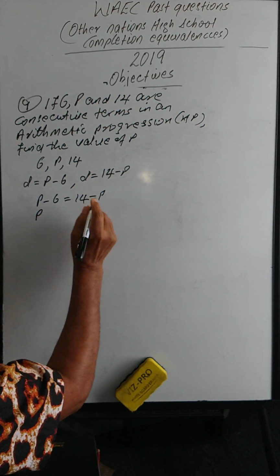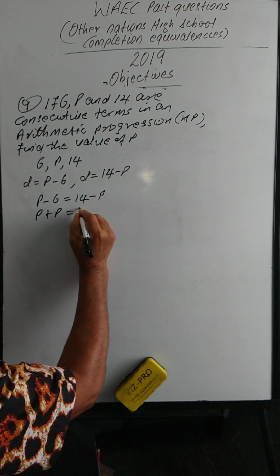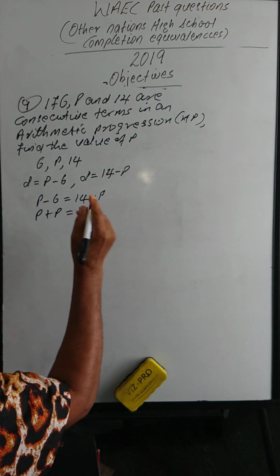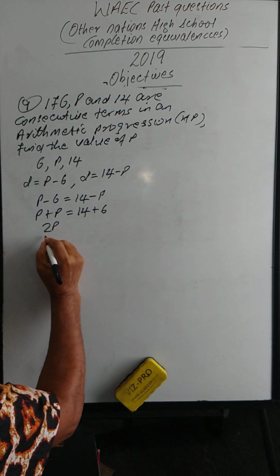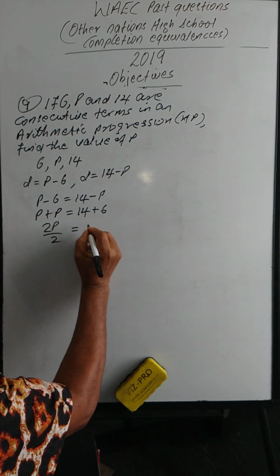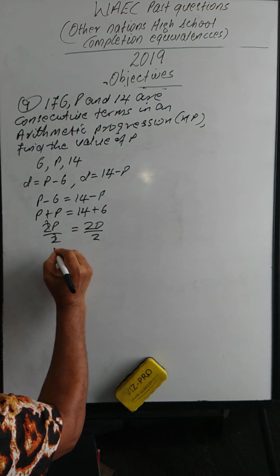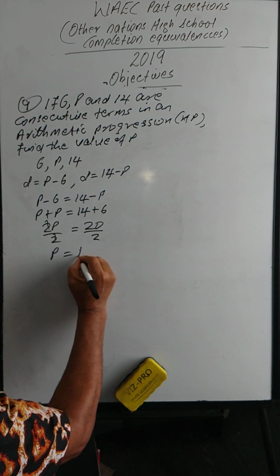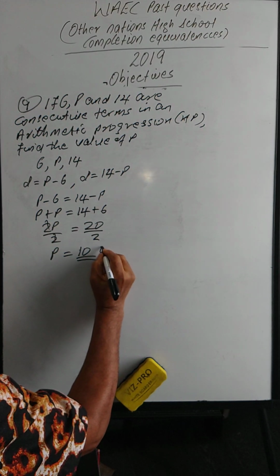We now have P, this negative P crossing becomes positive P, equals 14. The negative 6 crossing becomes positive 6. So we have 2P divided by 2 equals 20 divided by 2. Therefore, P is equal to 10 for number 9. And that's option B.